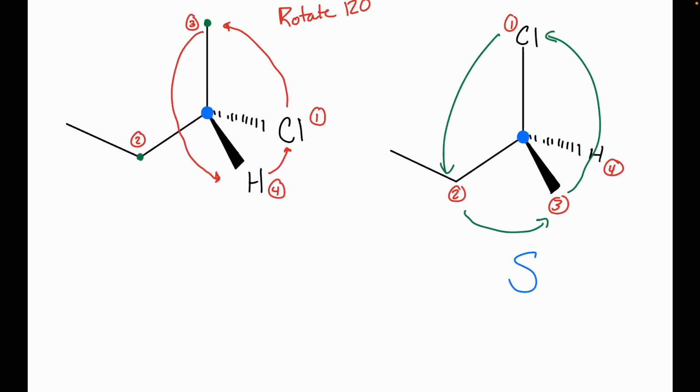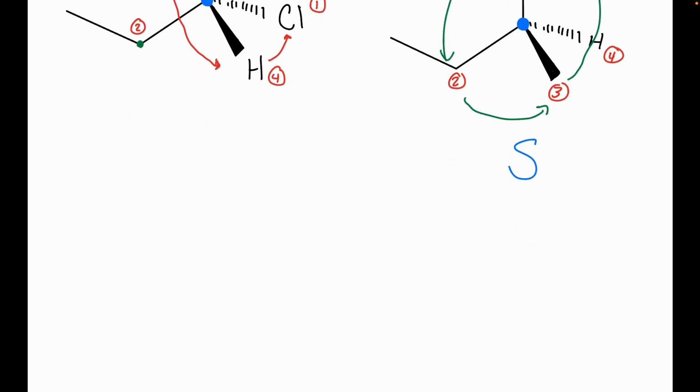Okay, so this is all well and good. This is where we first learned how to assign R and S using these tetrahedral projections here, right? Looking at a molecule specifically, looking at that tetrahedral chiral center. But this isn't really our normal way of looking at molecules, right? This is kind of a special projection way to look at this molecule.